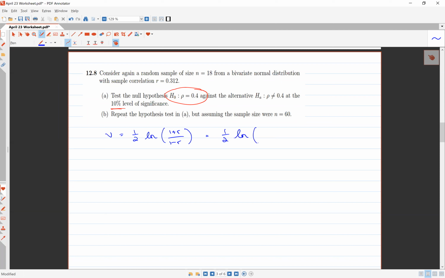So we sub in our sample correlation coefficient. And if you do this calculation, you'll get 0.323.